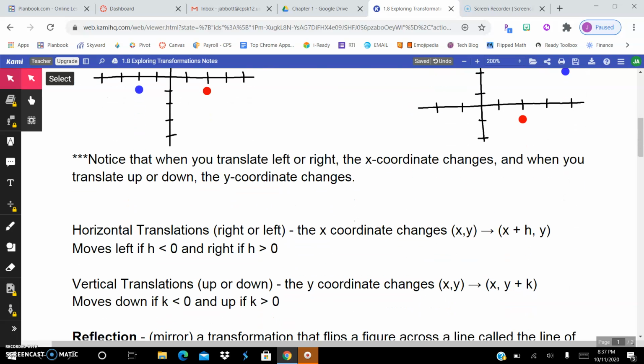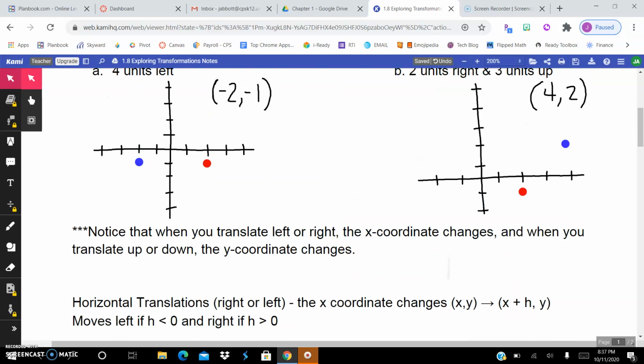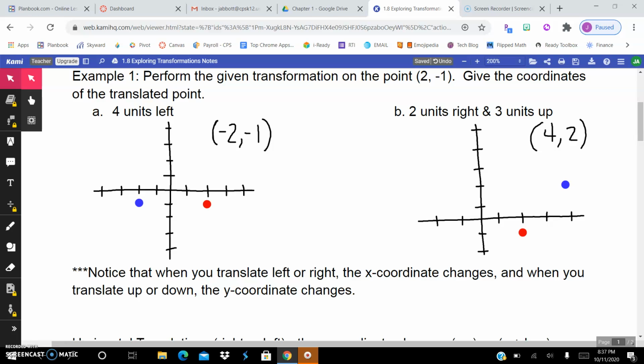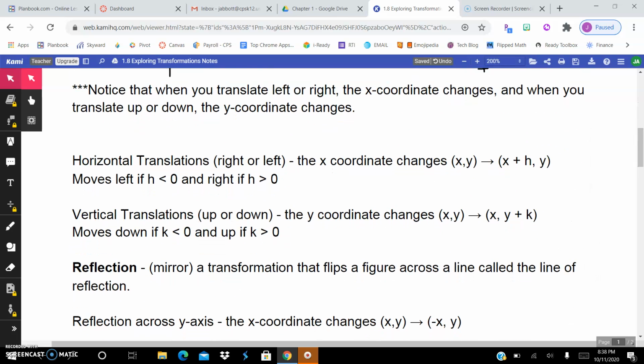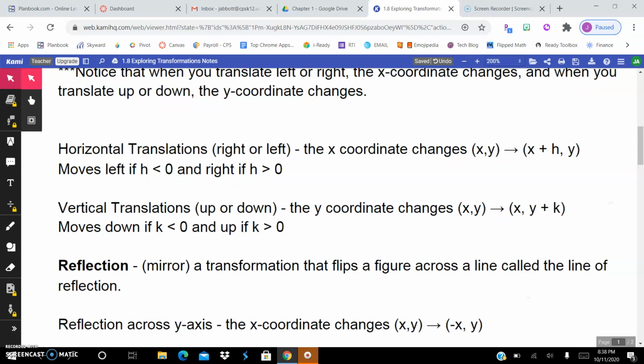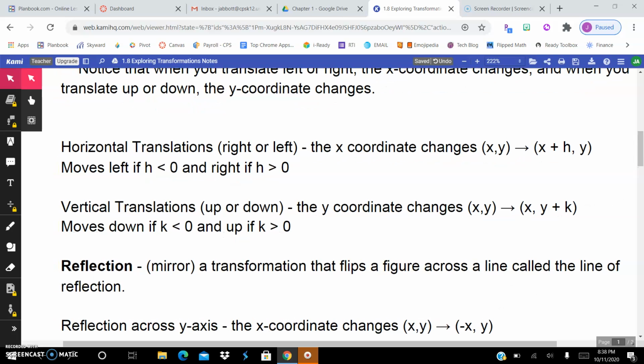So I want you to notice that when we translated left or right, just the x coordinate changed, and when we slid up or down, that's when the y coordinate changed. So with that being said, in a horizontal translation, which is right or left, the x coordinate changes. So we add whatever slide it is to the x value.